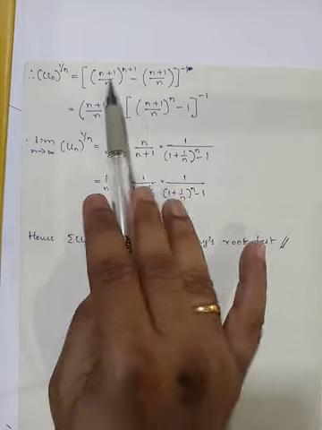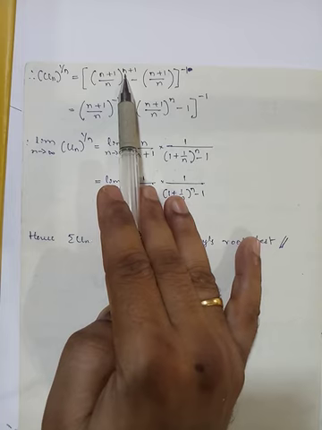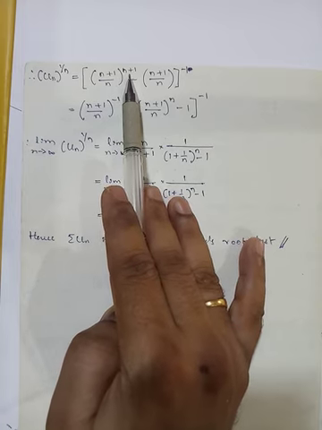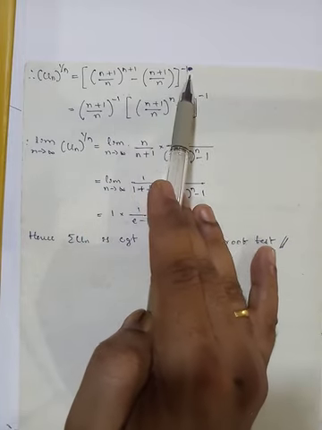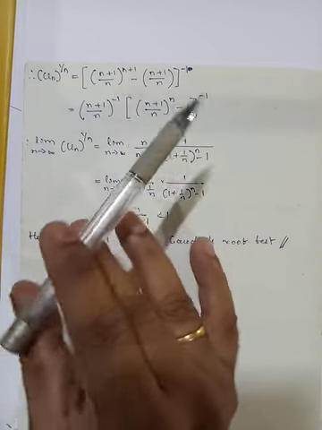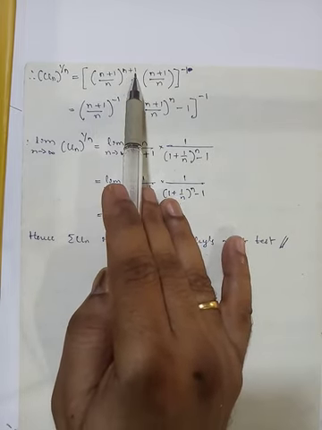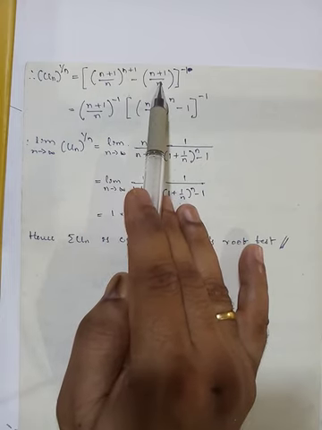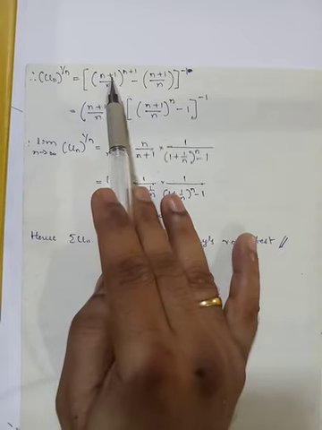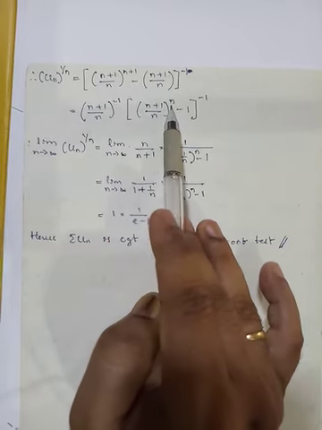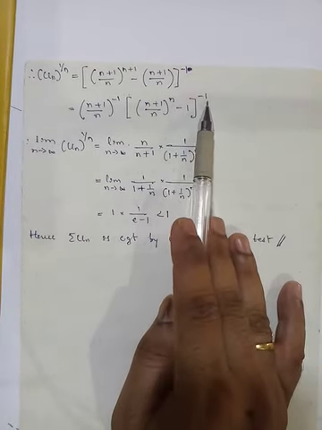From these two terms I take n plus 1 divided by n as common, and the common power minus 1 comes here. Then what is left is n plus 1 divided by n, and we took this common, leaving 1 to the power minus 1.